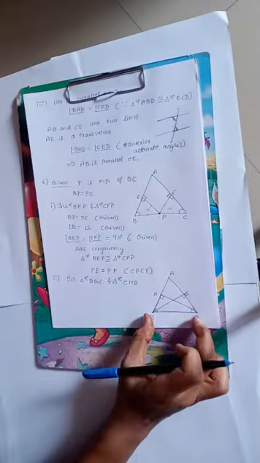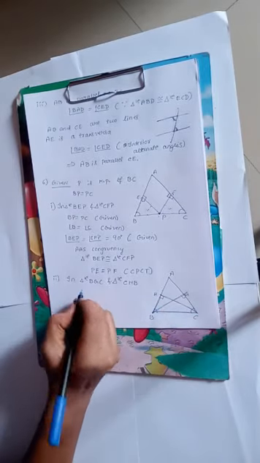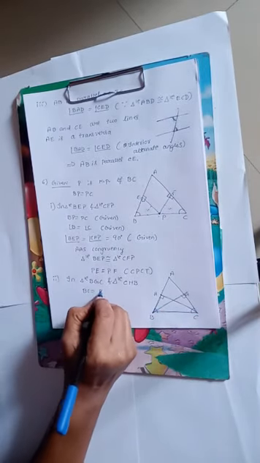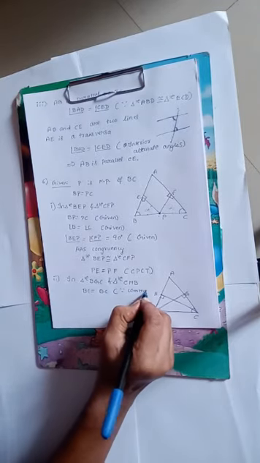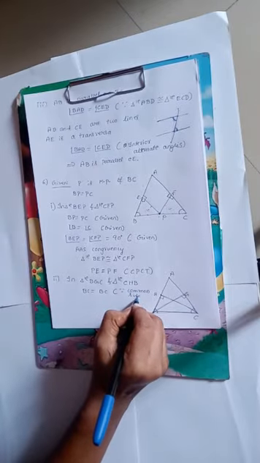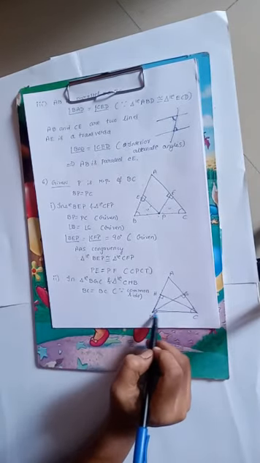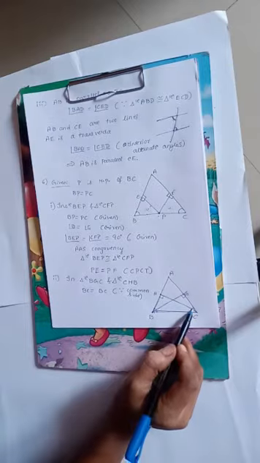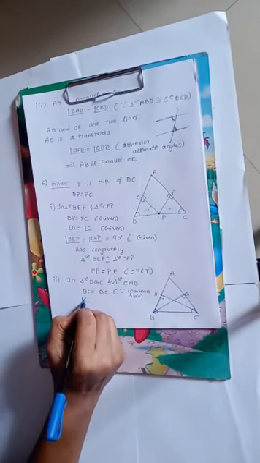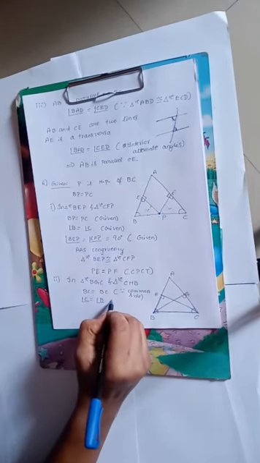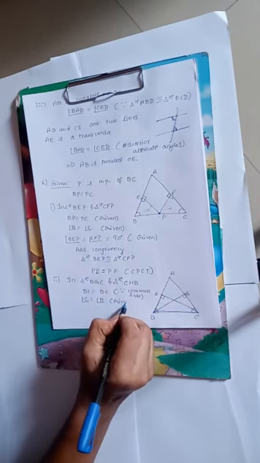observe here, BC is the common side for both these triangles. BC is equal to BC because it is the common side. And again it is given that in these two triangles angle C is equal to angle B, given in the main data.